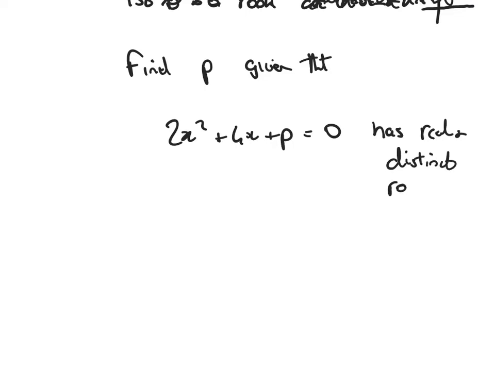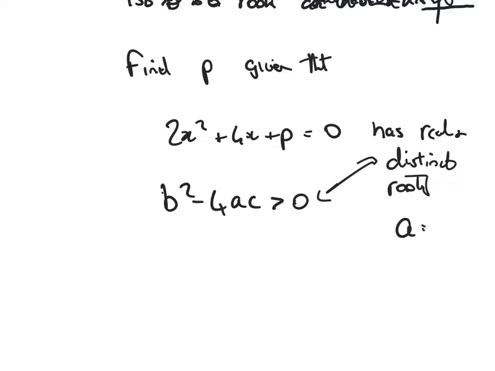Okay, the first thing that we do there is communicate to the marker what the condition is for real and distinct roots, which is that the discriminant is greater than 0. I'm then going to identify a, b and c. So a is the coefficient of x squared, that's 2, b is the coefficient of x, that's 4, and c is everything else, that is p.